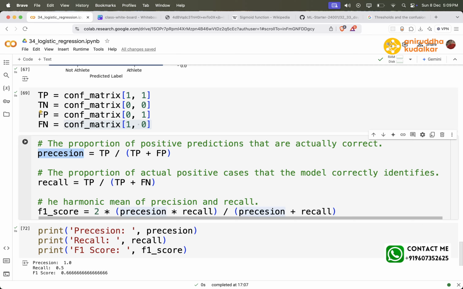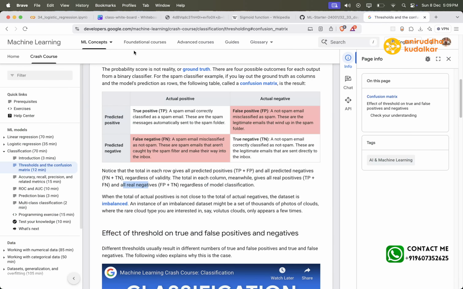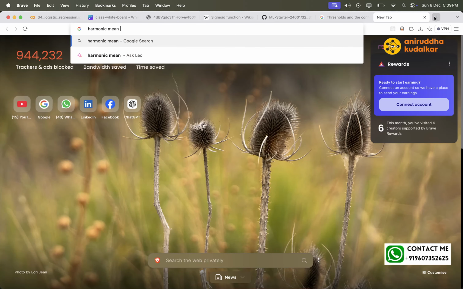F1 score provides the balance between precision and recall. The higher the F1 score, the better the performance of the model. So F1 score is the harmonic mean of precision and recall. Remember that. So what is harmonic mean now? This is again a mathematical concept.